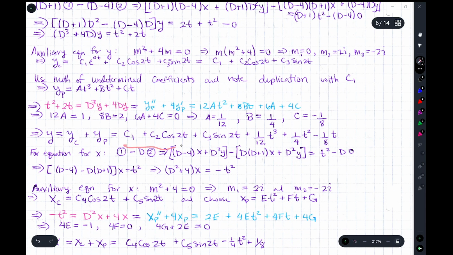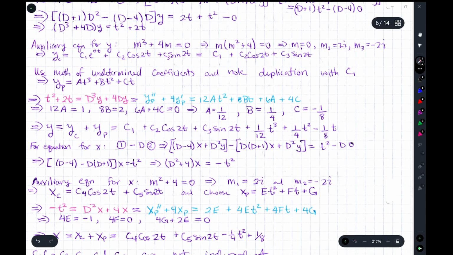And here goes then our general solution for y, okay? Notice we have 3 constants there because it's a third order differential equation, okay? And this is not a coincidence: to decouple the equations, we're going to higher order, okay?